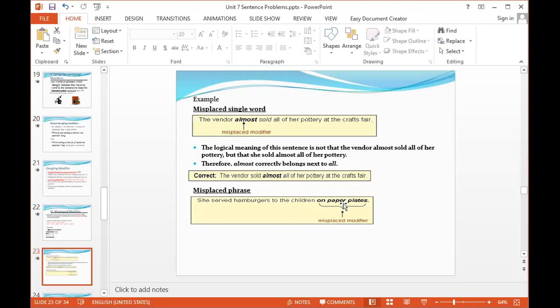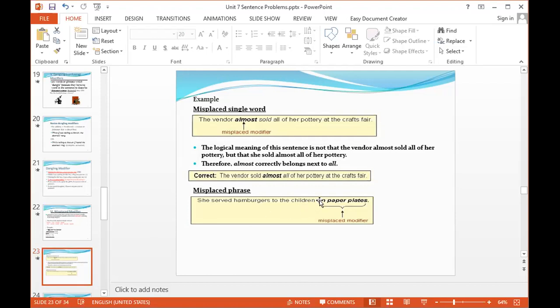In Khmer you can understand, but in English it is wrong. We call it a misplaced modifier: the modifier is put in the wrong place. Here it modifies the children, so it sounds not so good to understand. It can make you feel confused. That's why we call it a misplaced modifier.